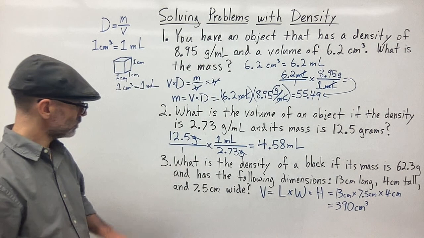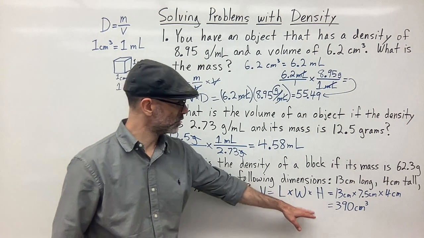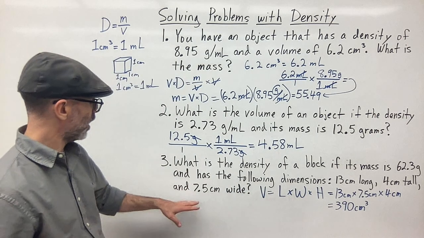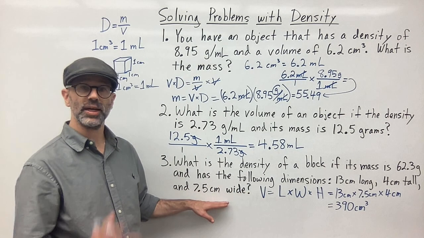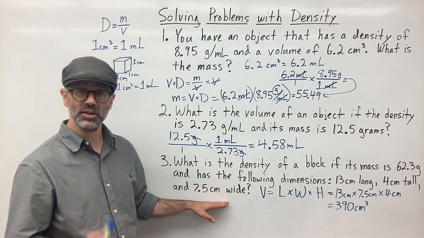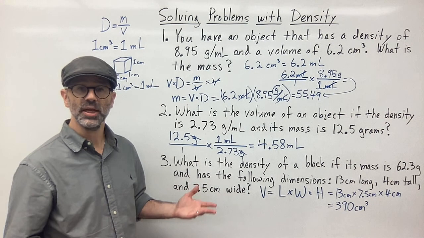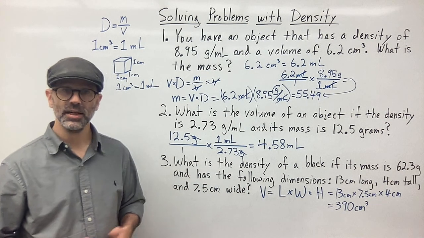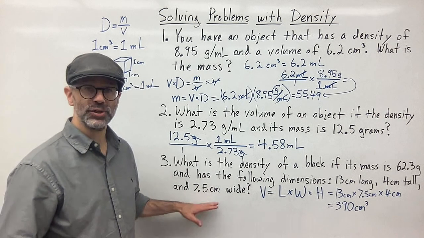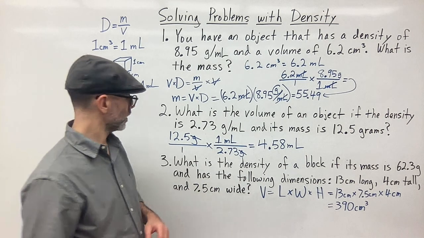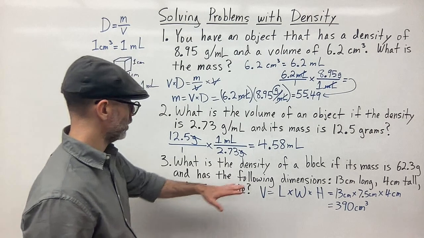So now we have the volume in centimeters cubed. We can keep the volume in centimeters cubed, or we can make it into milliliters. It doesn't matter. Centimeters cubed is also used in densities, especially if you're measuring the density of a solid.